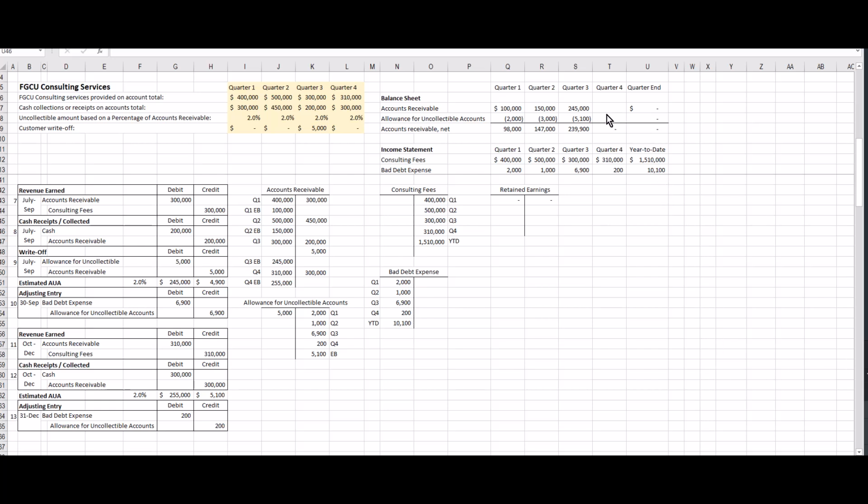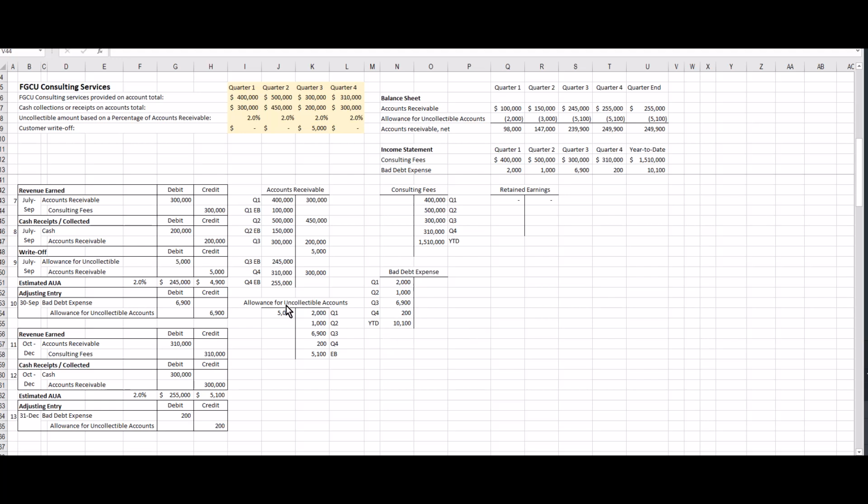The year-end balance sheet reports accounts receivable net of $249,900, as accounts receivable totaled $255,000, and the allowance for uncollectible account balance is now $5,100. $255,000 of accounts receivable minus the allowance for uncollectible accounts of $5,100 is $249,900.